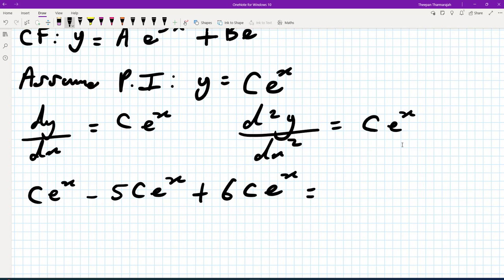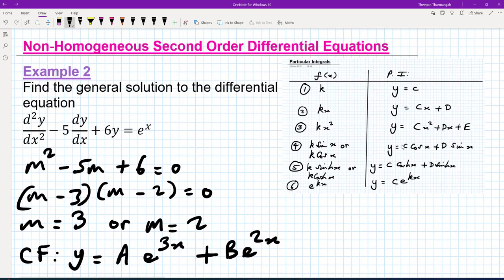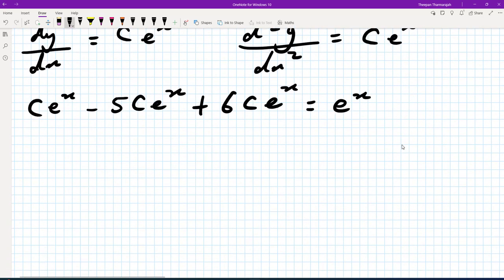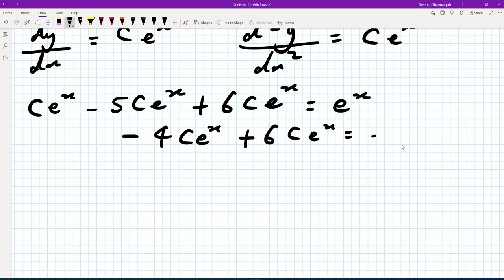Now all of that is equal to e to the x, just on the right hand side of our second order differential equation. We can simplify this: c e to the x minus 5c e to the x gives minus 4c e to the x, plus 6c e to the x, is equal to e to the x.